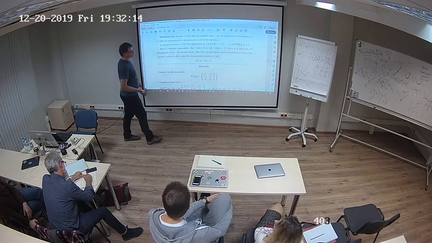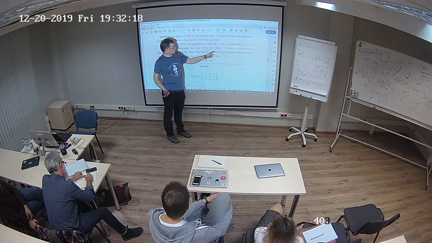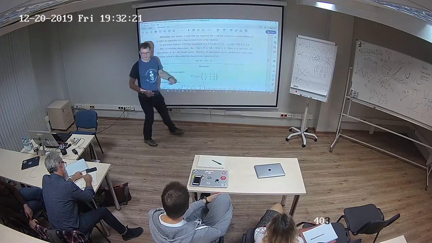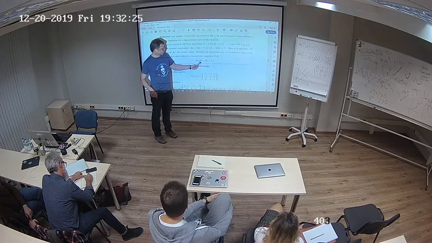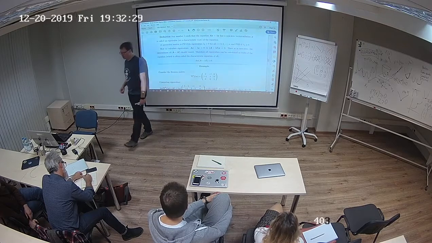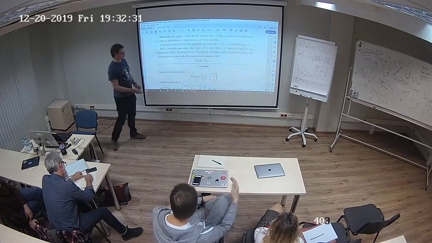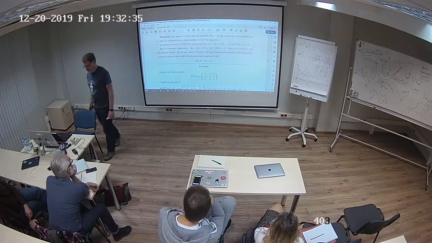Because x is non-zero, this equation will only have a solution if the determinant of this matrix is equal to 0. So essentially we need to solve this equation: the determinant of our matrix A minus lambda multiplied by the identity matrix is equal to 0.